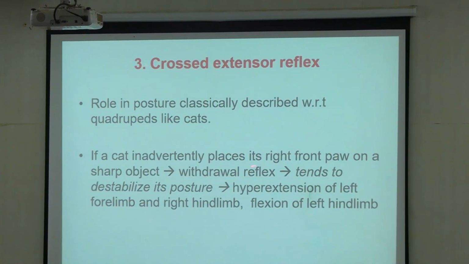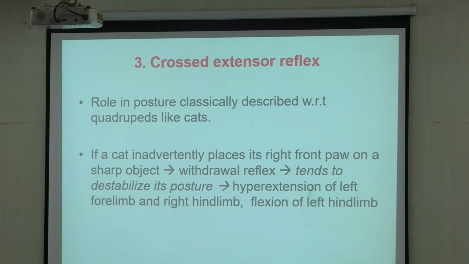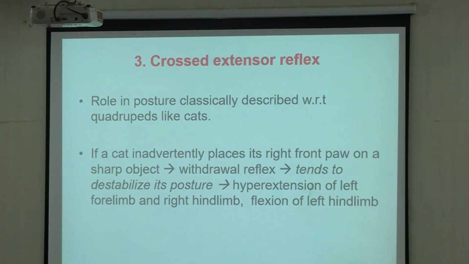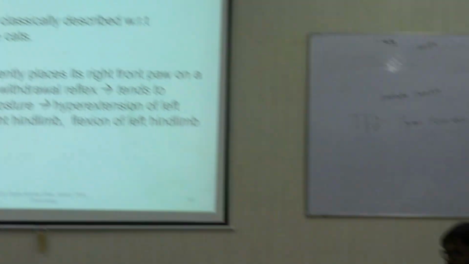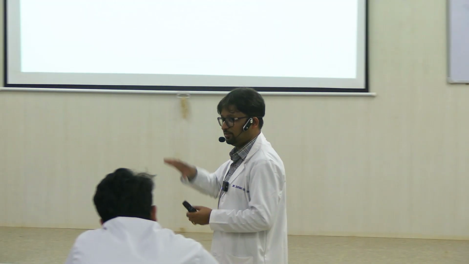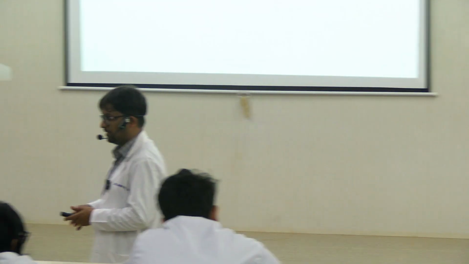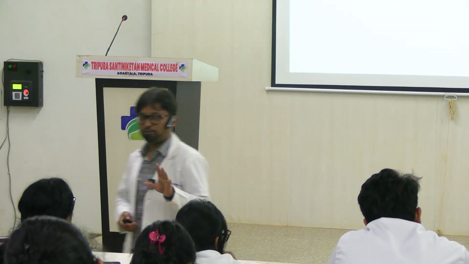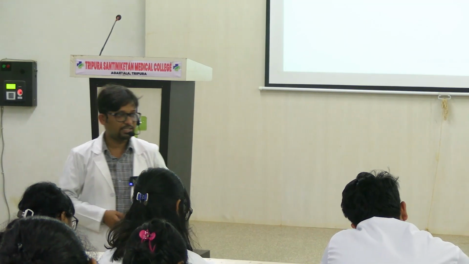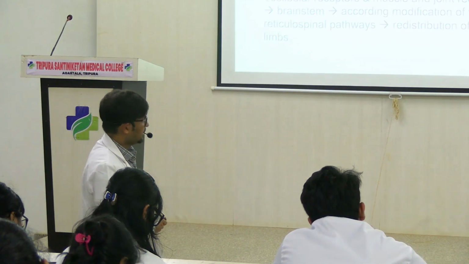As a response, there is a hyperextension of the opposite forelimb and the same side hind limb, right? So something like the crossed extensor reflex was also seen in animals. You do not need to write about the cat in your exams. If you are asked, you can directly quote the flexor reflex, withdrawal reflex, and the crossed extensor reflex.